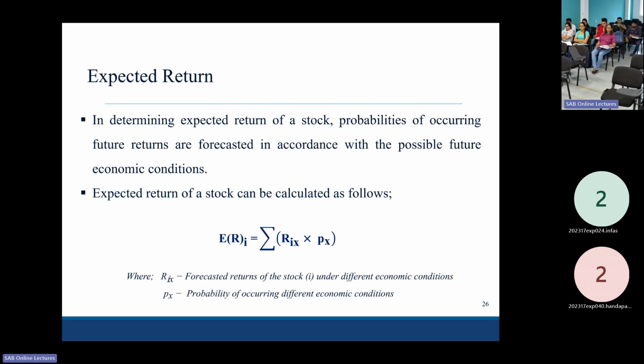So you have to incorporate this uncertainty with certain probabilities, the probabilities of a particular economy happening. Suppose the prevailing economy continues, you will get this much return. If the economy goes worse, you will get this return. If there is stagnation, you can expect this. Likewise, you have to identify possible forecasted returns with the probabilities of their happening.